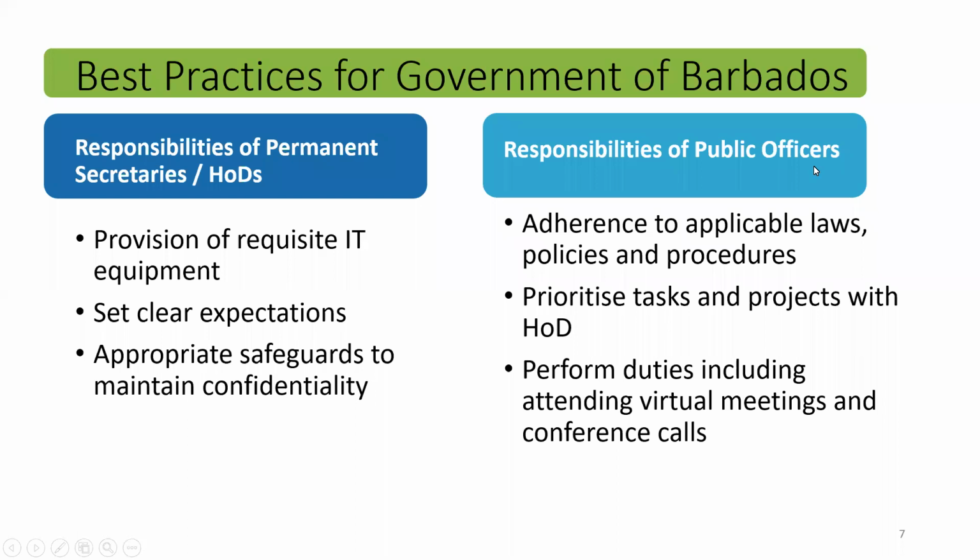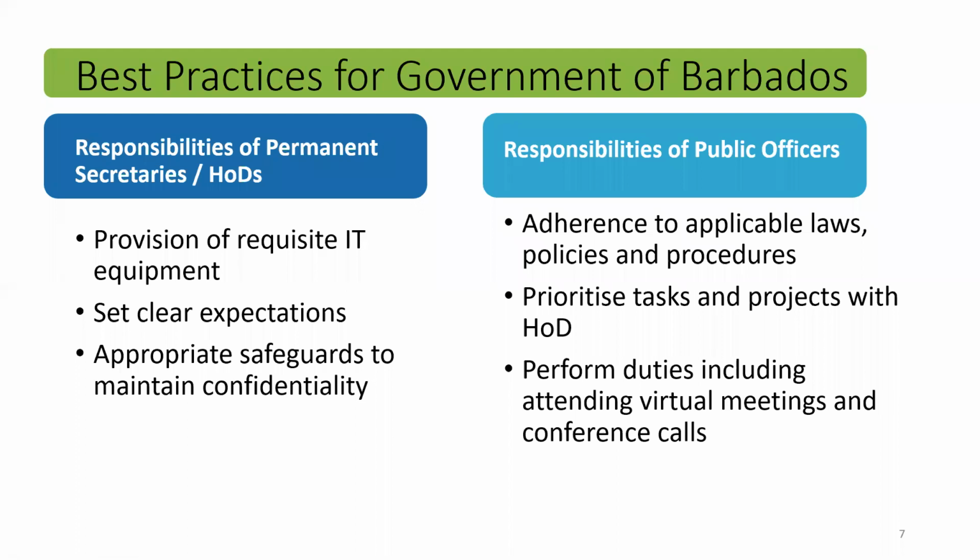The head of the department must ensure that the officer has the ability to work effectively from home with whatever software is needed, through which they can complete their tasks using existing technologies, and that staff members have the required IT equipment that is needed for him or her to perform their duties.